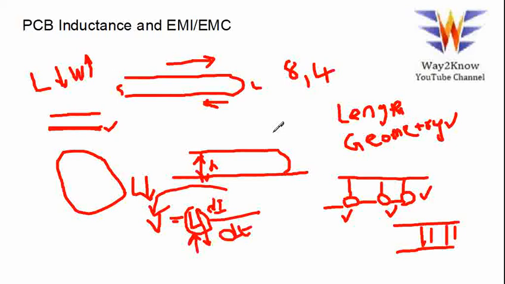The lower the height, that means the nearer the ground plane to a particular signal, the lower the inductance. So that is another important factor which affects, but again due to stack up considerations we cannot keep it as close as possible, right? So this is one more aspect.